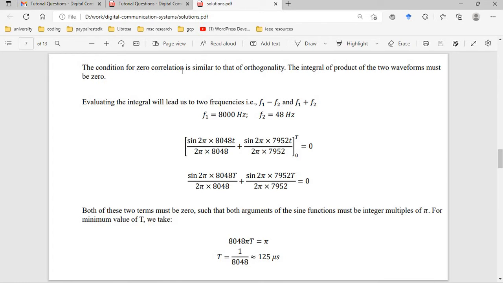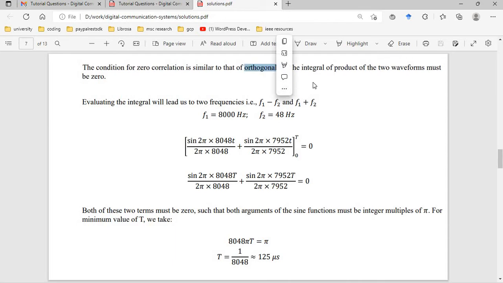The condition for zero correlation is similar to that of orthogonality. If two signals are uncorrelated, they are also said to be orthogonal, and if two waveforms are orthogonal, then their correlation is zero.